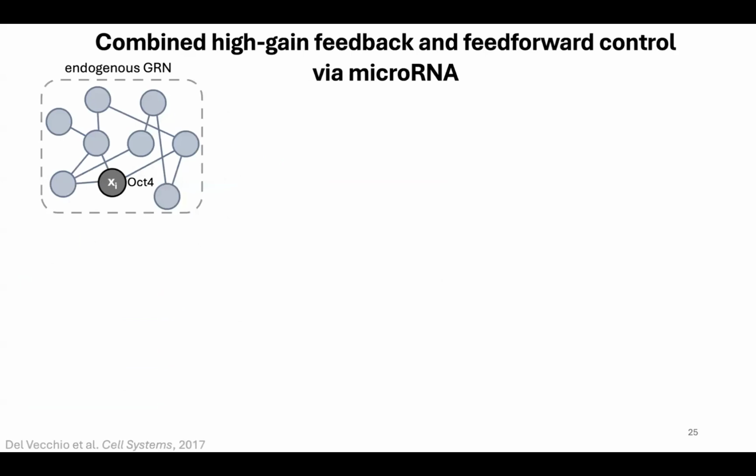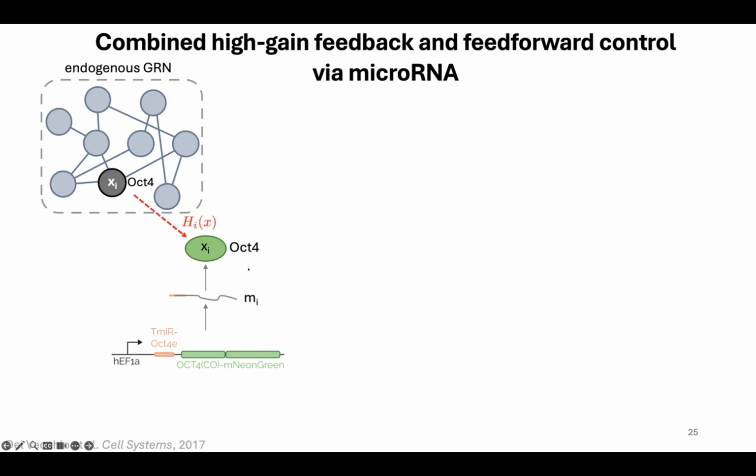So going back to our picture here, we have our endogenous gene regulatory network, which is controlling our OCT4 transcription factor. We are going to encode OCT4 by a construct that is expressing OCT4.